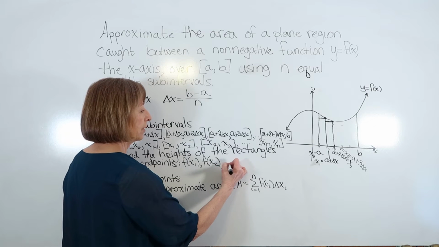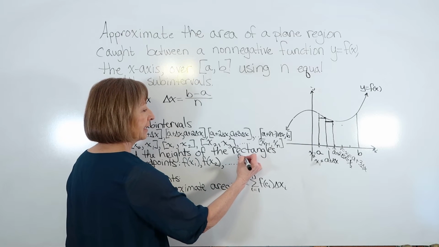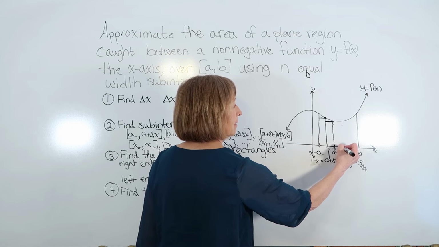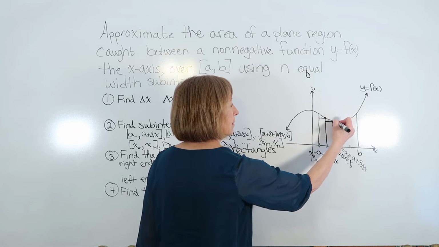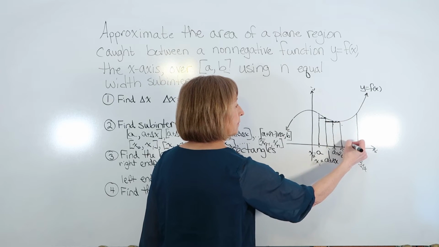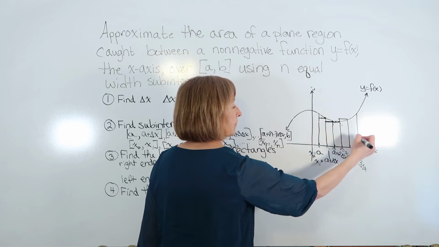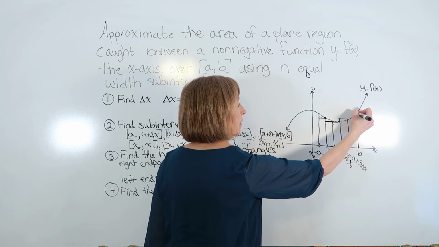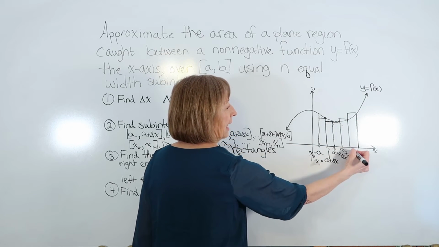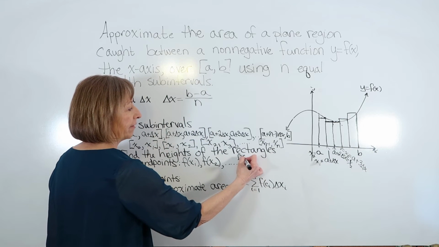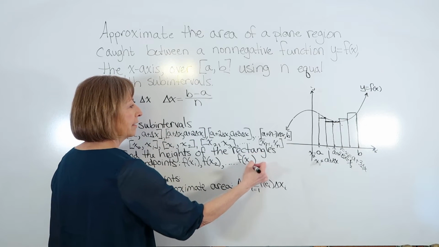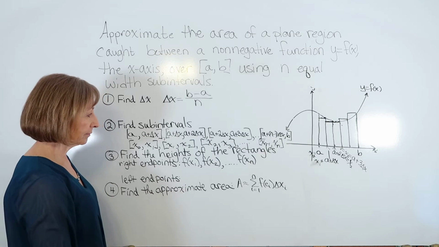If I keep going across, I'll do this until I get to the last subinterval. And that would be my f of x sub n for the height of that last one.